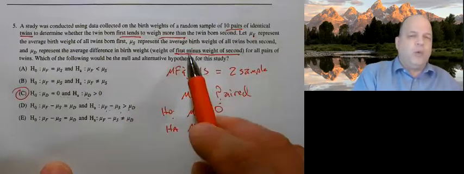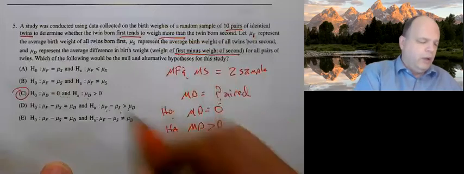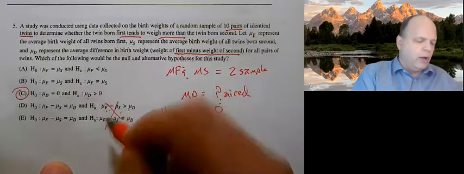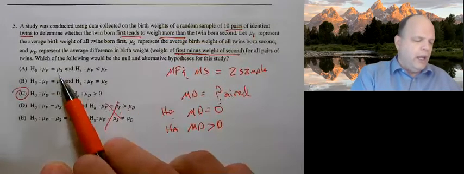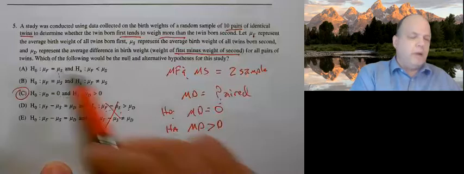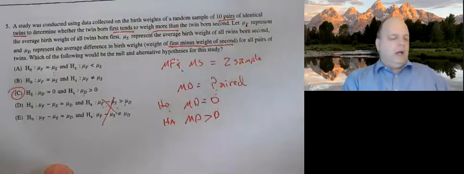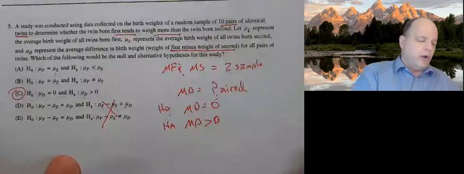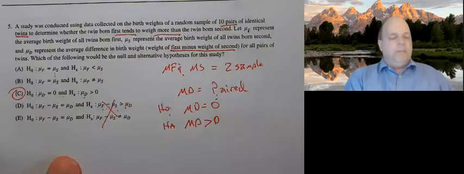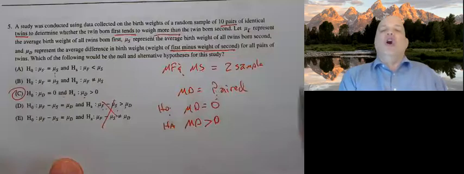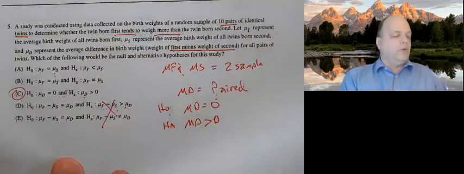You have to do the first one minus the second one. So this is just totally wrong. And these would be based on if we were running a two sample. Technically they're wrong as well, because this would have needed to be a greater than. But the main thing is know that this was paired because we were working with twins.